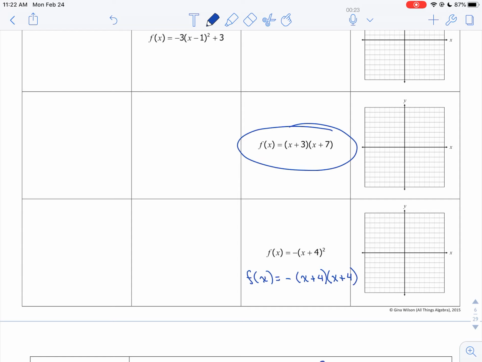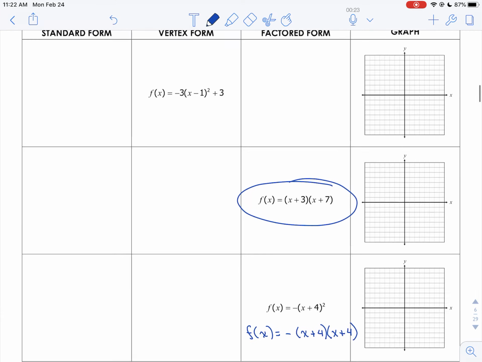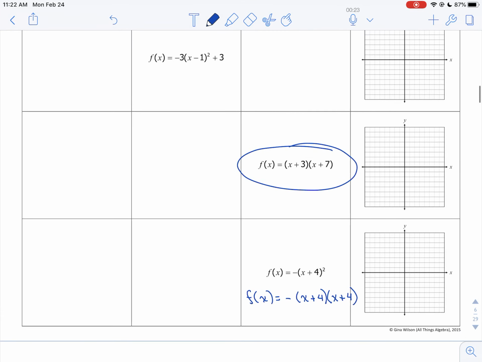So just recognizing that that form is the same as that form. They're both in factored form. So this is actually already in vertex form as well, so we can go ahead and write that over in the vertex form column. So there's a head start on those two.